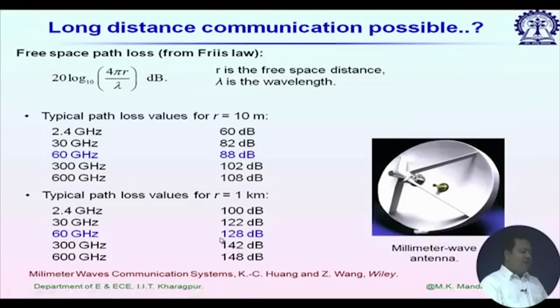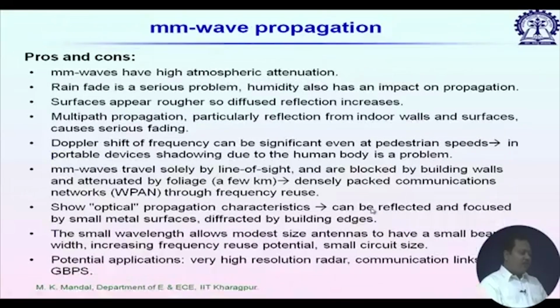So, if you send 1 watt of power at 60 gigahertz, it will be attenuated by 128 dB at 1 kilometer. This calculation does not consider the attenuation due to atmosphere. This is just the free space path loss. So, this picture is showing a typical millimeter wave antenna, a parabolic reflector, and this is the feeder horn.